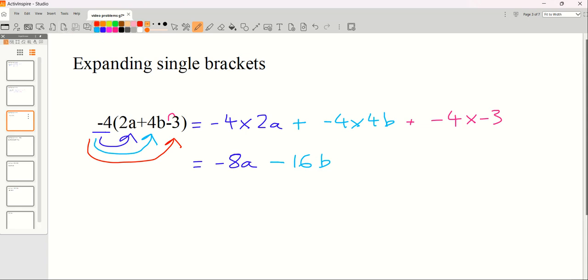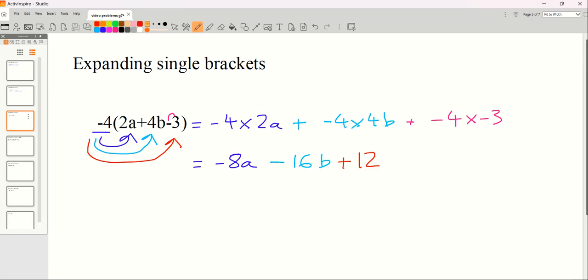And for the last part, it is minus 4 times minus 3. Minus times minus gives us a plus. 4 times 3 is 12. We cannot do anything here. We cannot combine like terms. These are all unlike terms since they use either different letters or they are a letter and a constant. A and b are unlike because of different letters, and 12 is a constant, so nothing can be combined here.